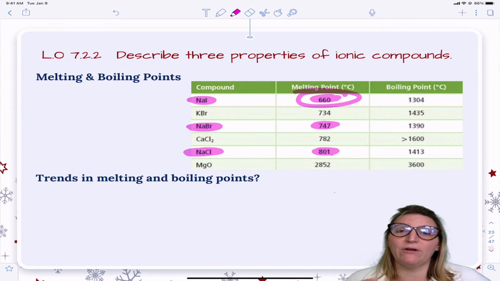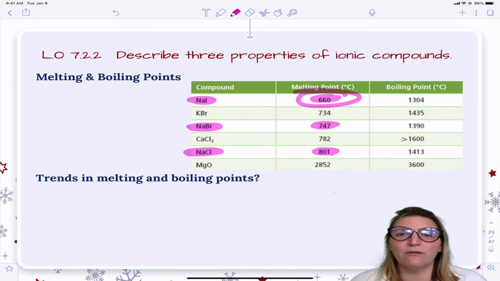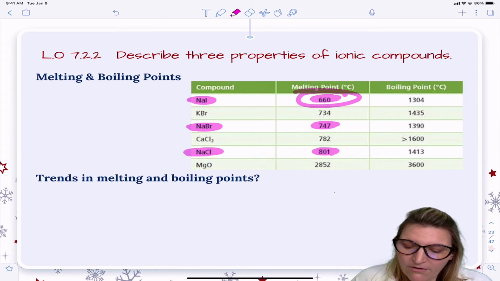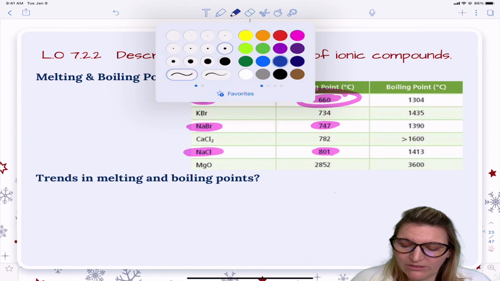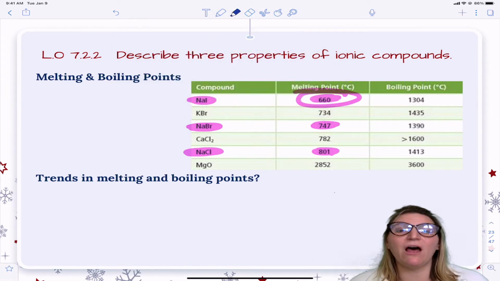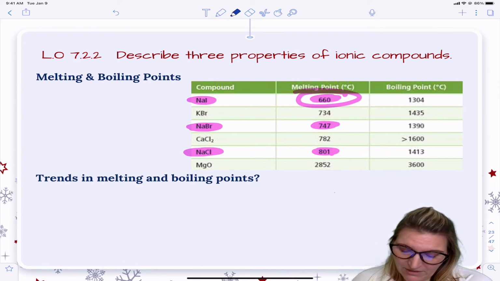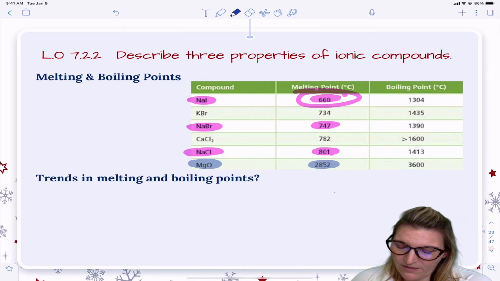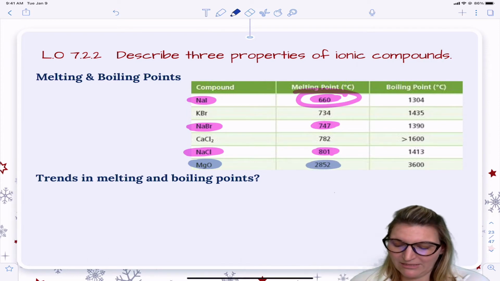In order for an ionic compound to melt, you would need to partially overcome the attraction between the particles. And then the other trend that we saw with lattice energy was that the higher the charge, the higher the lattice energy, and we can see the same thing here. The highest one on this page is magnesium oxide.